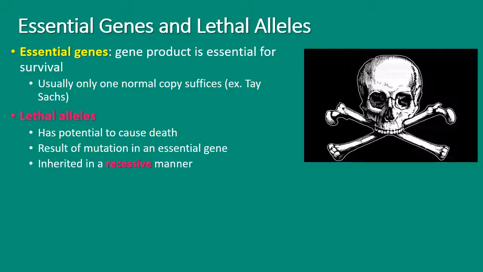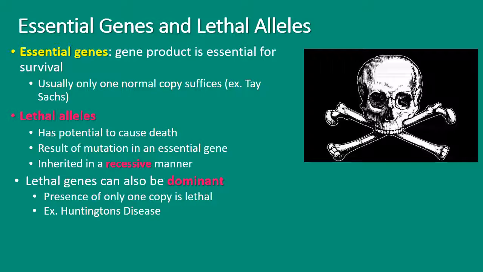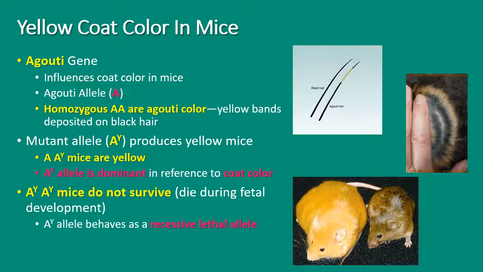So if you're missing both of the alleles for an essential gene, then it can lead to death. And so these are considered lethal alleles for that reason. However, there are lethal genes that can also be dominant, where only one copy of the allele is necessary to cause death. Huntington's disease is a good example of that. And we'll talk more about Huntington's disease in later conversations.